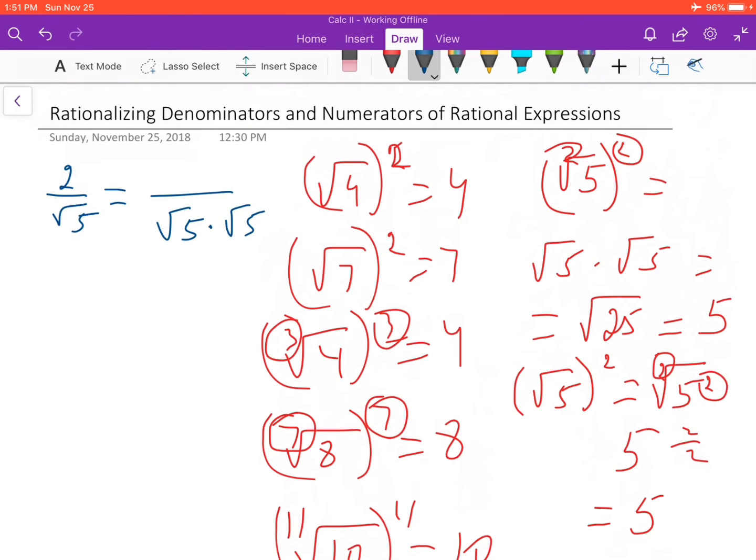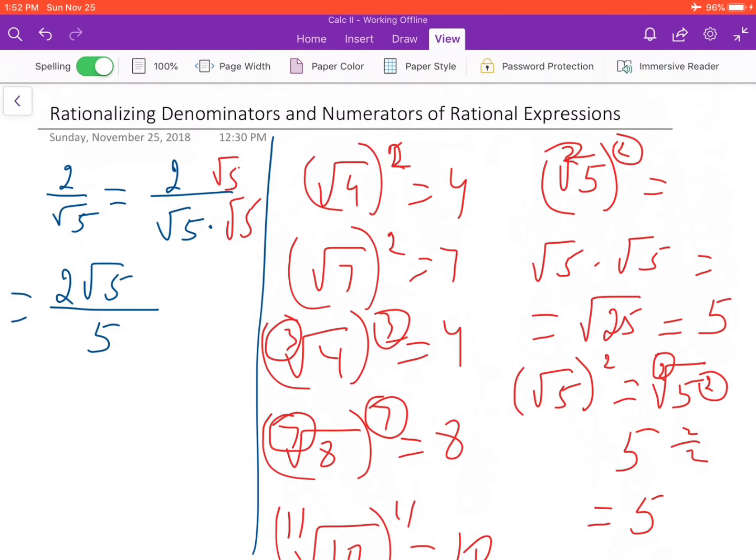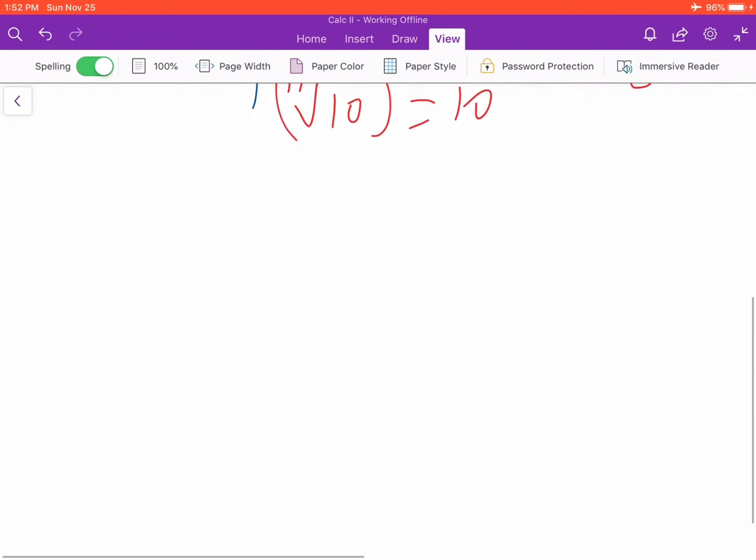And because we are making a change in the denominator, we have to do the same change to the numerator. And that is going to be equal to 2 square root 5 over 5. That's it. Next example.